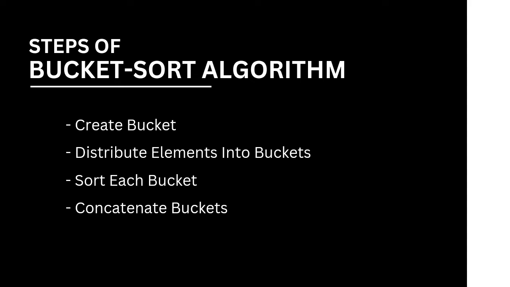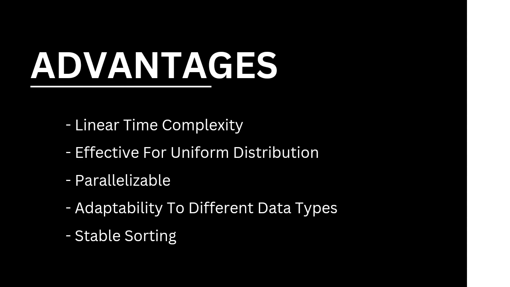So let's take a look at the advantages of using the bucket sort algorithm. The first is linear time complexity. Then it is effective for uniform distribution. Then it is parallelizable, which basically means parallel sorting: the sorting of individual buckets can be parallelized, making bucket sort suitable for parallel computing environments.